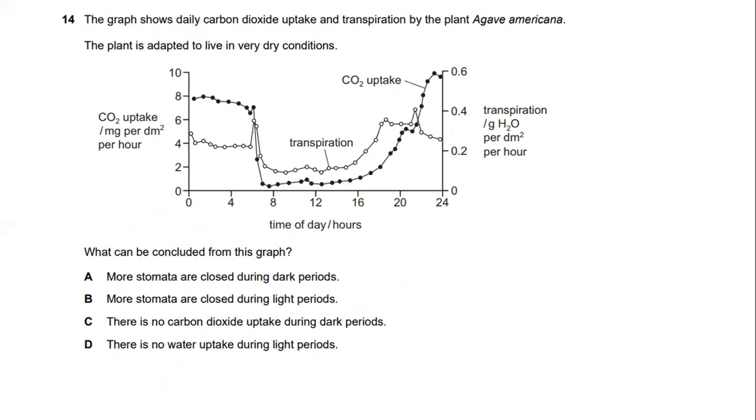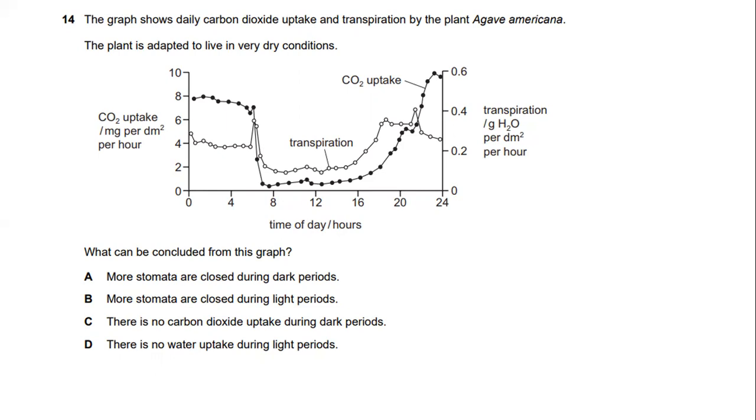The graph shows daily carbon dioxide uptake and transpiration by the plant Agave americana. So the plant is adapted to live in very dry conditions. You can see from this a little bit about agave or cactus. What makes photosynthesis in agave or cactus so different from other plants?